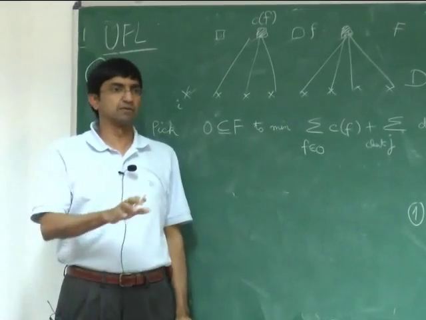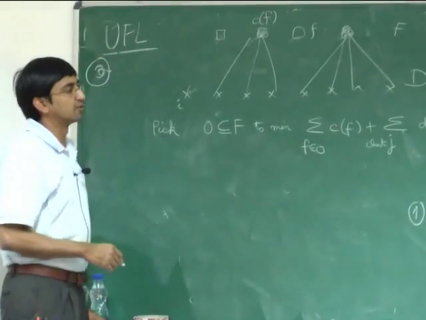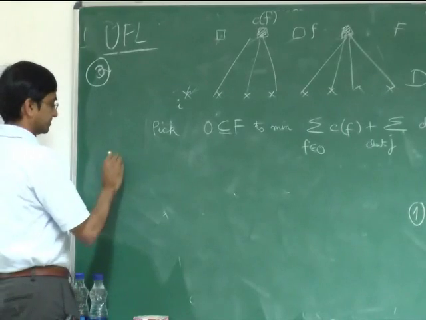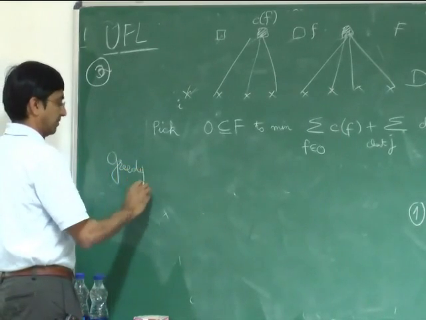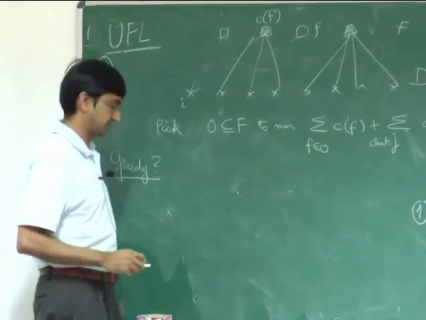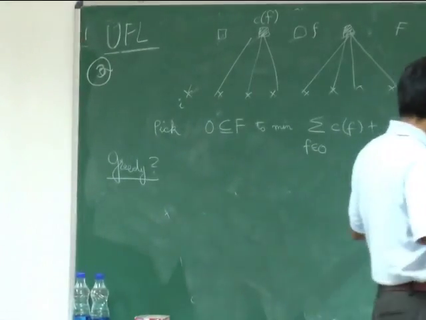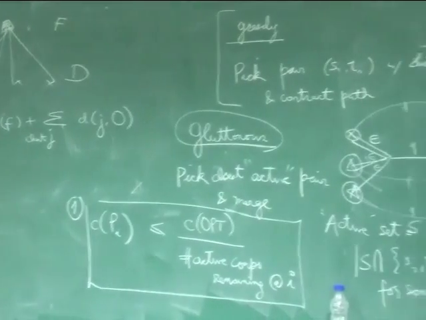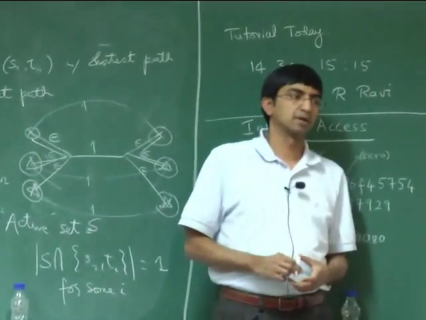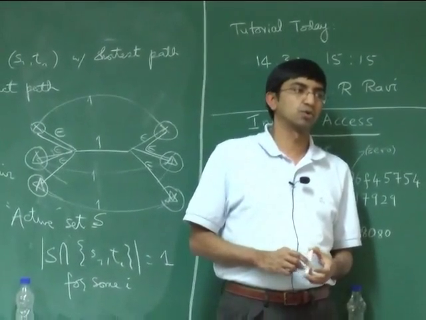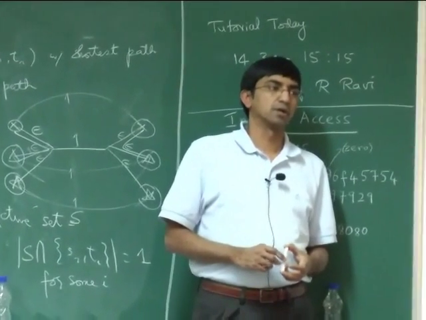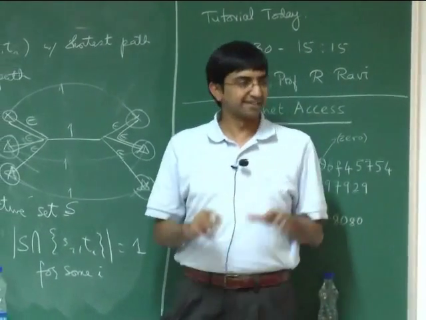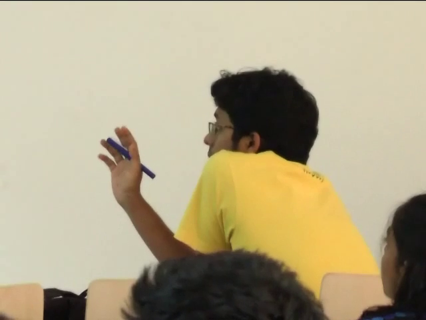Now, what were you suggesting? What is the greedy algorithm for this? Tell me which facility you'll pick first in your greedy algorithm. Facility O, okay.